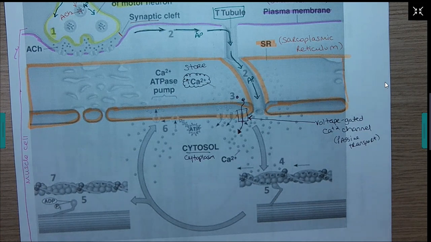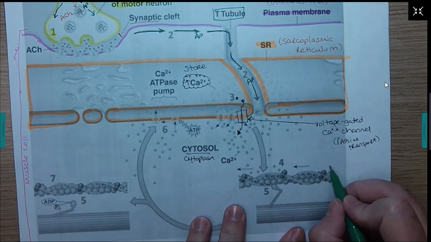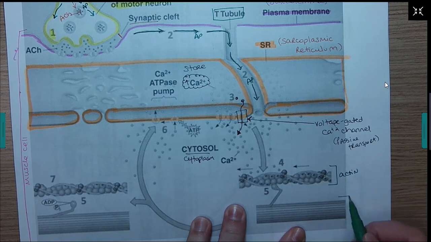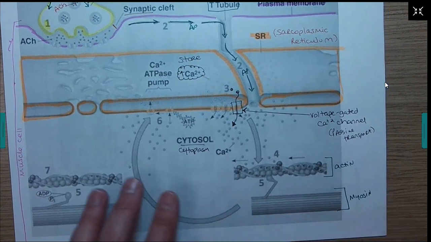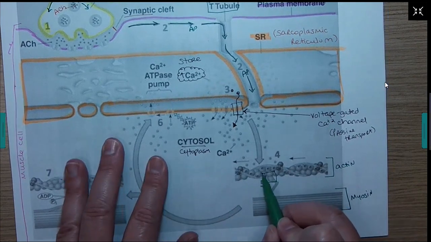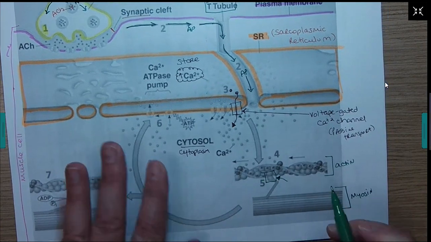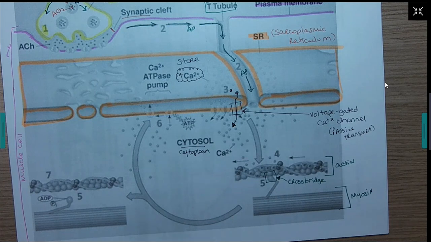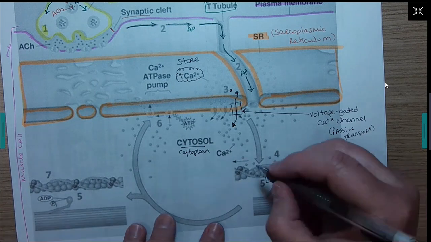So following what comes next, if you look down here, you've got your actin molecule and you have your myosin molecule. And notice we have cross bridge formation. And why is that? Well, because you got calcium ions floating around, that's why.